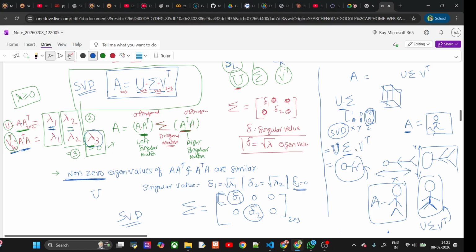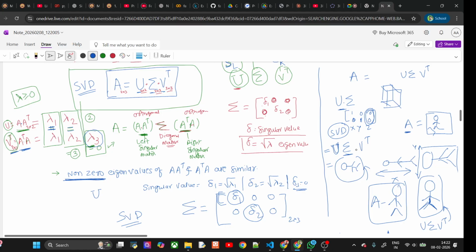The first operation is orthogonal rotation by U, next is stretching along the x or y axis by sigma, and the final is by V transpose, that is once again rotation. So 2 rotations and 1 stretching are done in SVD. This is an extra point, but we will stop this point here, and the basic point will come into the picture in the next session.